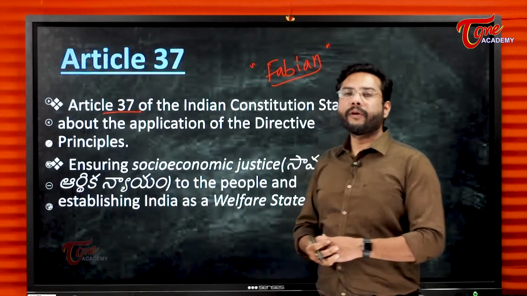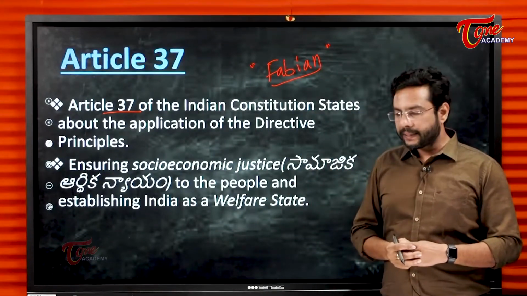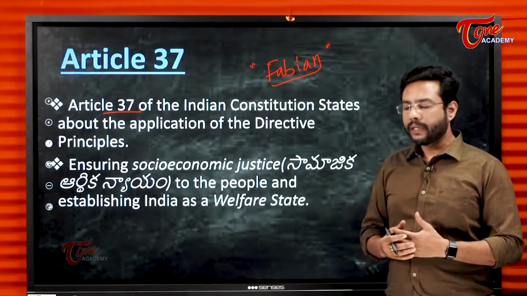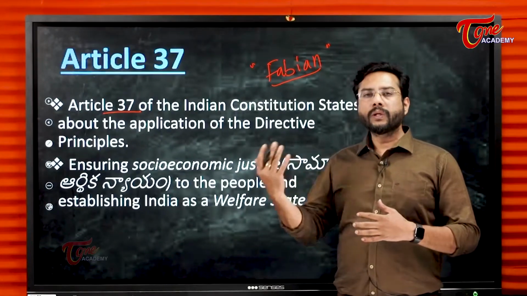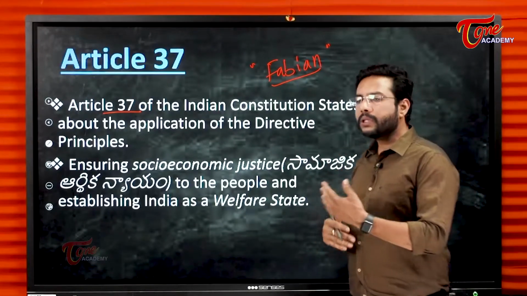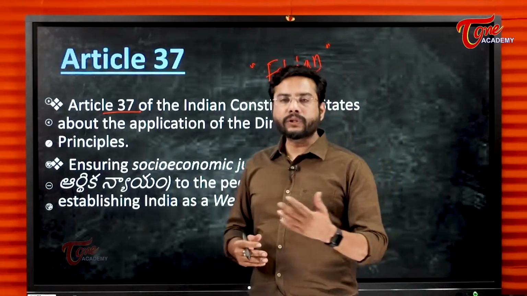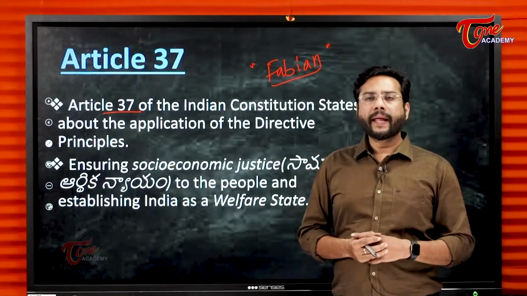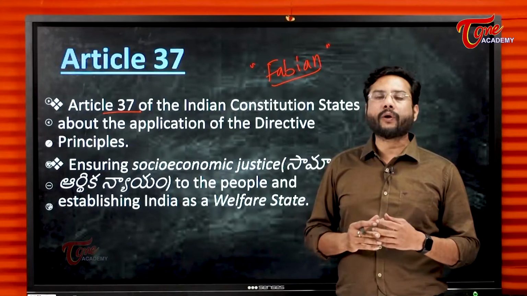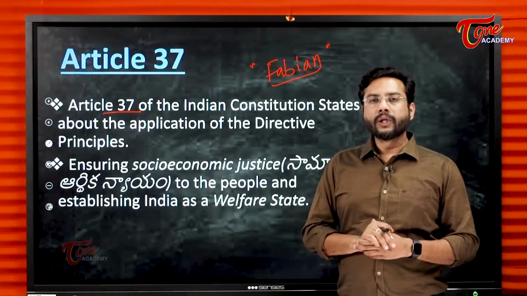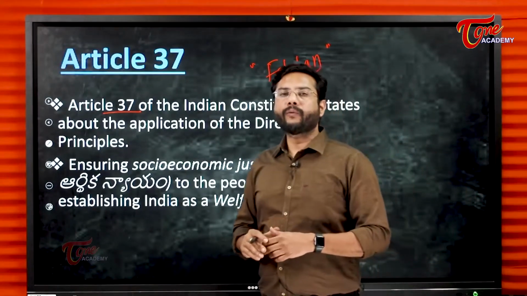This concept of Fabian socialism says that whatever the resources of the nation are, they belong to the common people or the community, and the fruits of development should reach everyone. It's a gradual process of development. Every section of the society should grow equally.